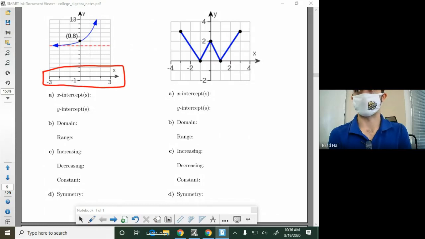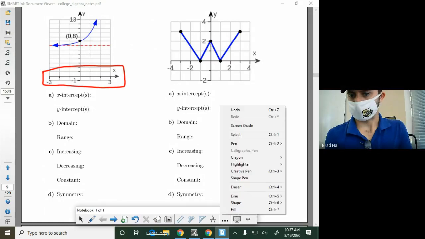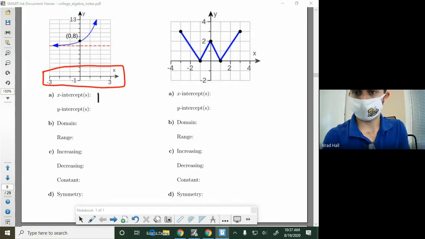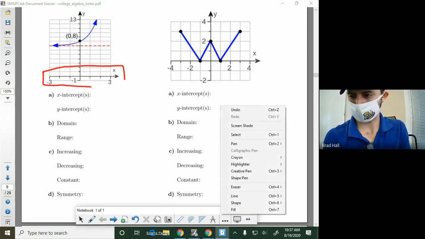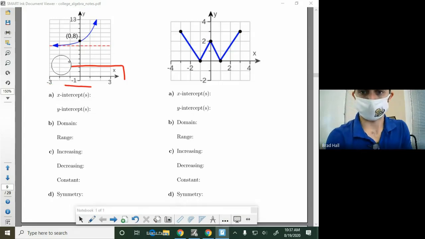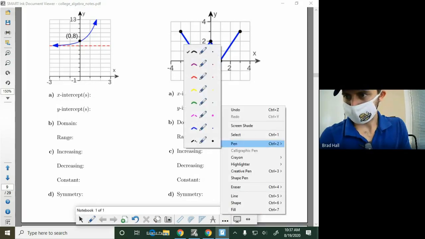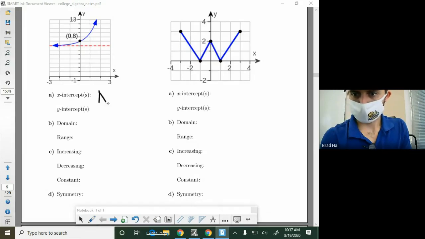Looks pretty empty to me. It's because that barrier up above is in the way. So it doesn't look like there's any x-intercept.